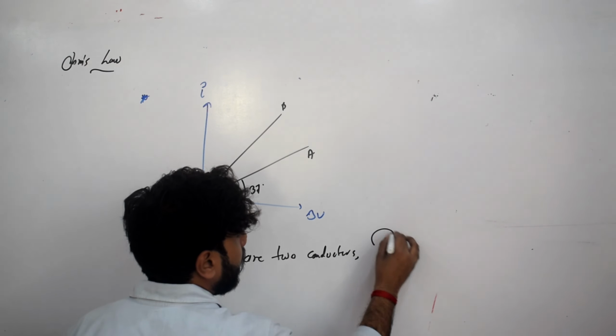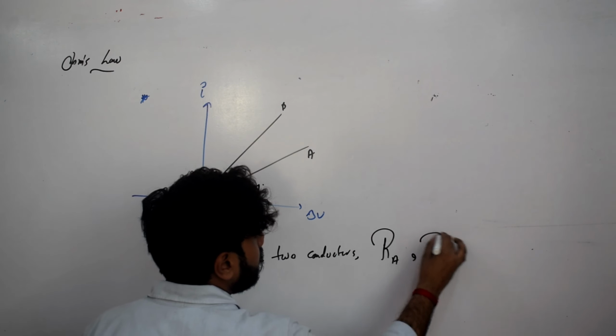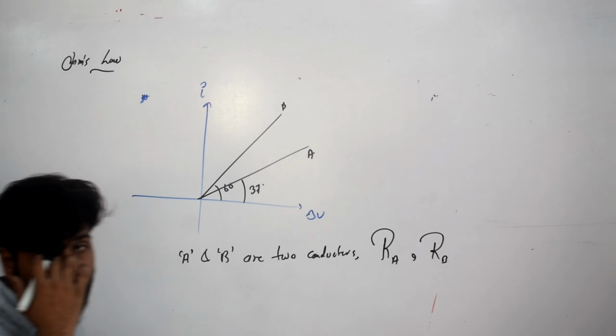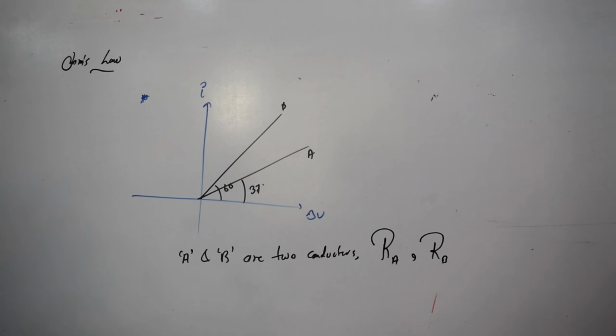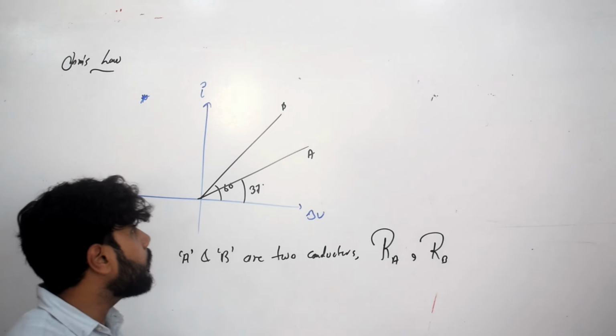Then you have to find the resistance of A and the resistance of B. What will they be? Tell me. You can try.